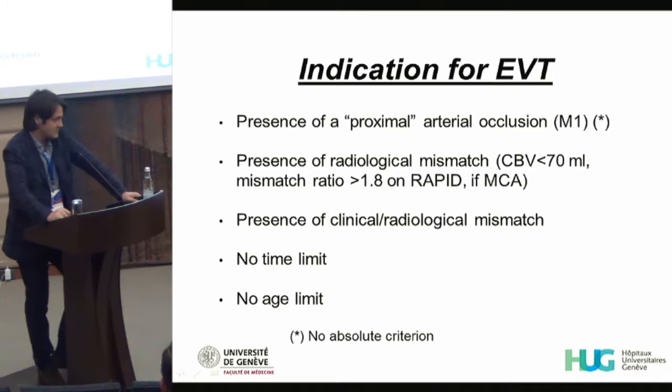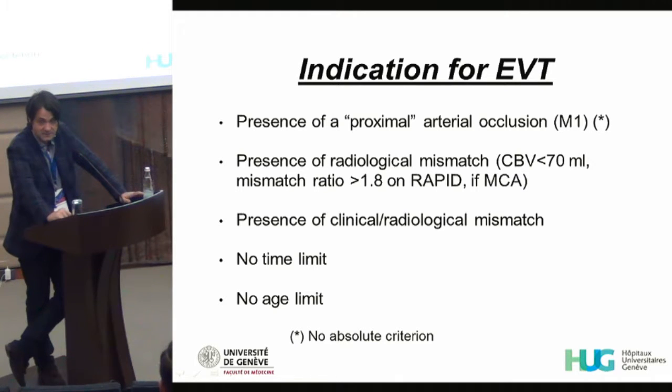We have no limits for time, meaning that because we select with CT perfusion, and because of the very famous trials published recently, DAWN and DEFUSE 3, we don't have limits in terms of time if the patient was selected with CT perfusion, and CT perfusion tells us that we still have a penumbra zone to save, even beyond 6 hours from stroke onset.